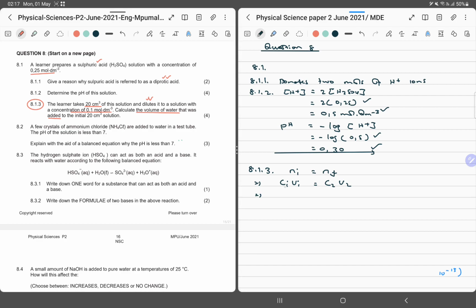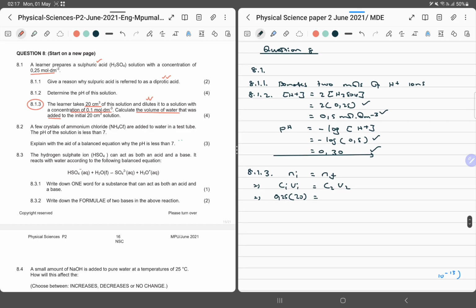And then this implies now the first concentration was 0.25, into the volume we're given that it is 20 centimeter cubed. So at this point you can leave the 20 because you have centimeter cubed on either side of the equation where you have only one term, so they will cancel out, so you don't have to change them. Now the second concentration that we're given is 0.1 into V2, which is what we want.